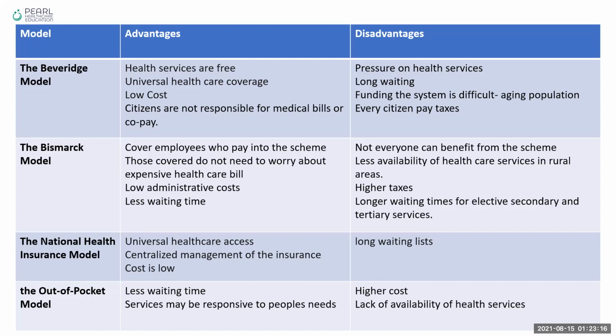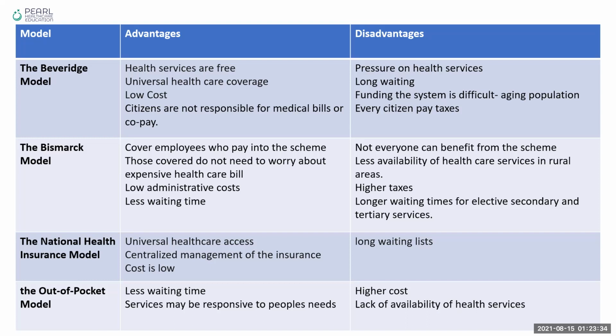Waiting time for services could be much less, and that's one of the advantages, depending on what kind of insurance you have, because you will see the same thing is written as a weakness or disadvantage of the model as well.